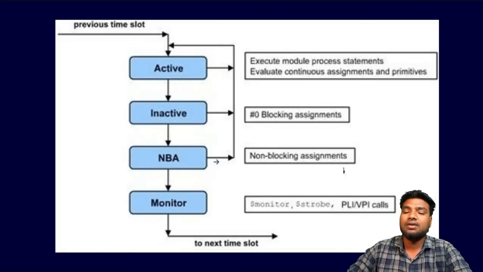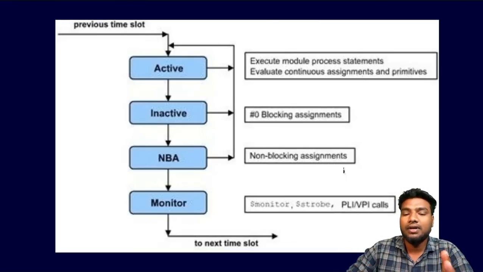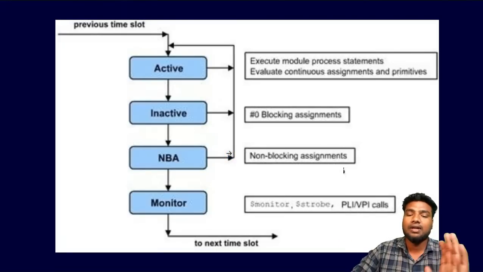We know that if using non-blocking assignments, the RHS is executed or computed in the active region, but it won't assign the RHS to LHS. It will wait for the NBA region. Only when the code comes to the NBA region will it assign the RHS to LHS.